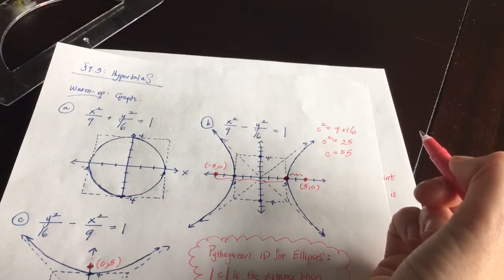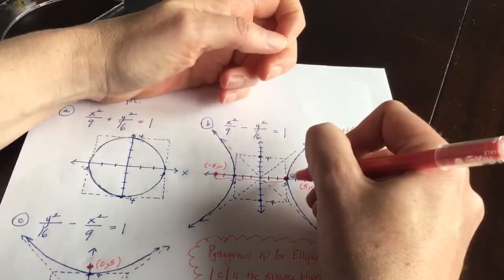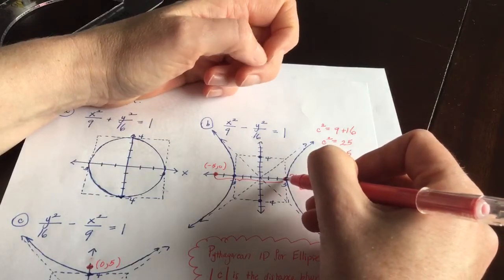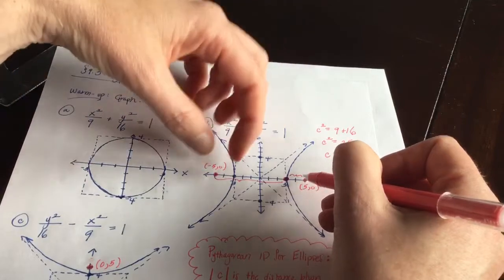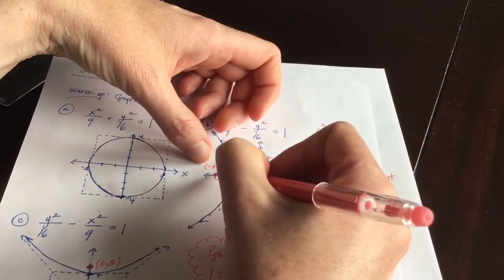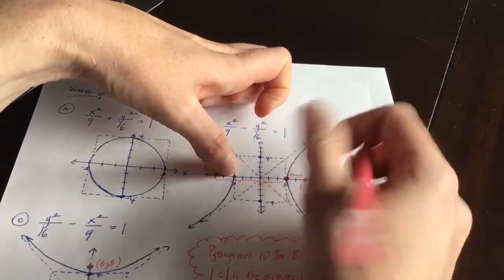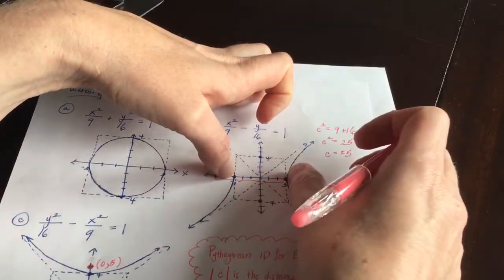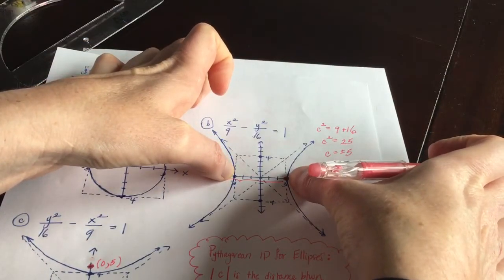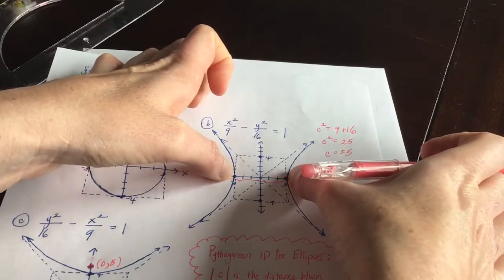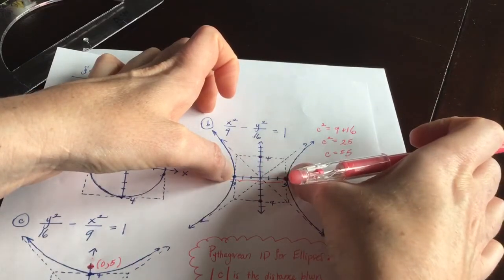If you think about subtracting those two values, I hope you can see that this little distance between the outer edge of your boundary box and the focus would cancel out. So basically, the difference of the distances is just going to be the length of this little piece of the transverse axis that's between your vertices here. So in this case, that would be 6.